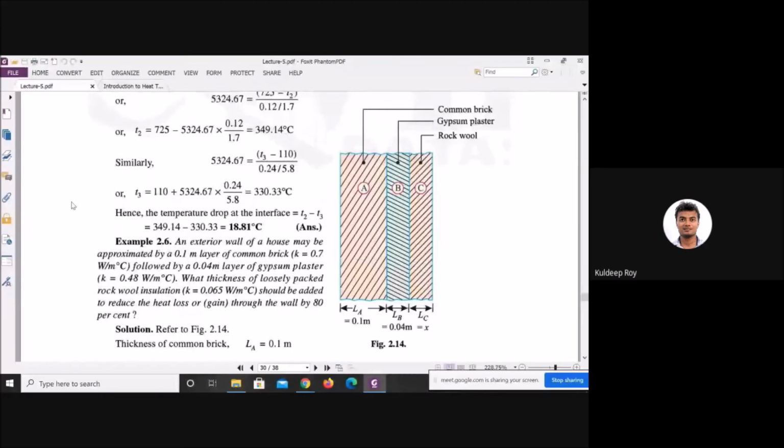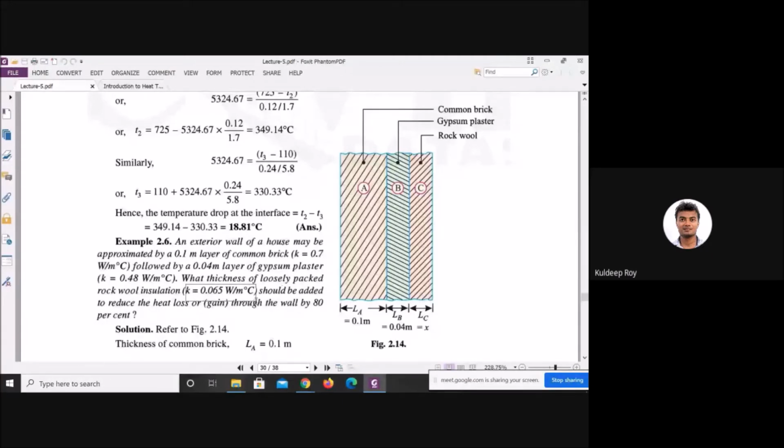Okay, there is one problem. An exterior wall of a house, approximately that thickness they have given. L is 0.5, which is made up of common brick. Then they have added the gypsum. The length is 0.04, and they want to calculate the value of thickness X of this rock wool, whose thermal conductivity is known to you.